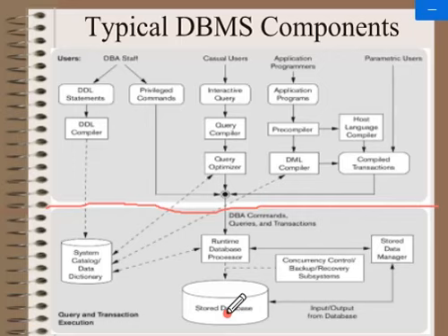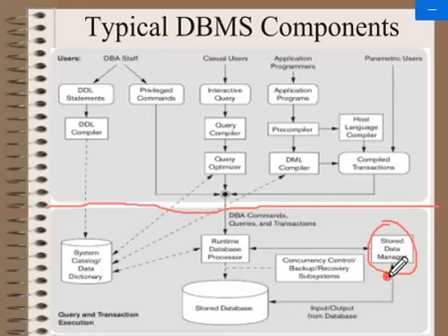Next we have a high level stored data manager. If you zoom in and see, here we have the stored data manager. So what is this stored data manager? It is a higher level module of the DBMS which controls access to DBMS information that is stored on the disk.